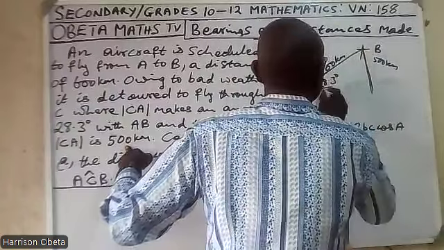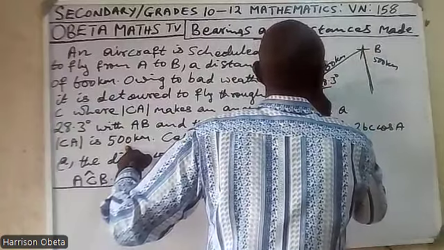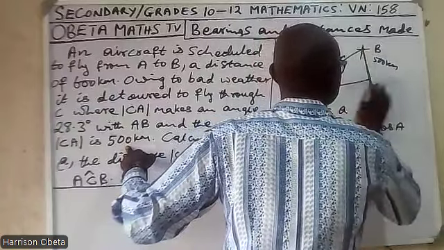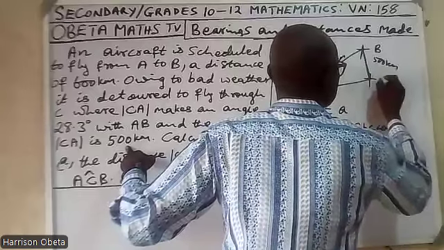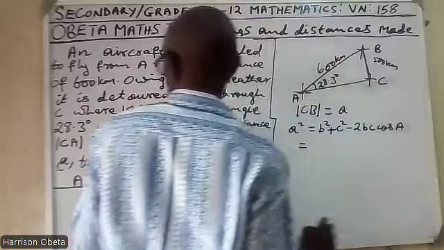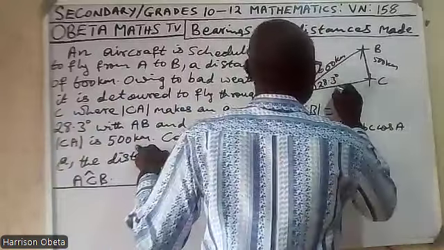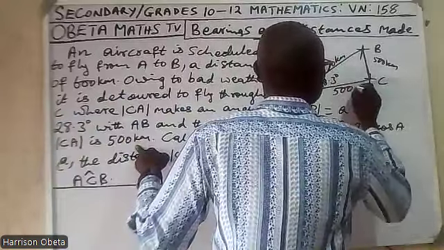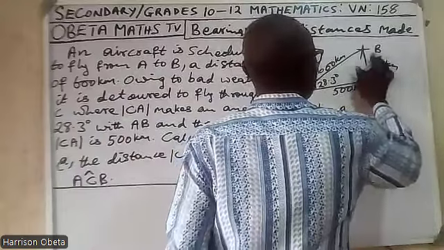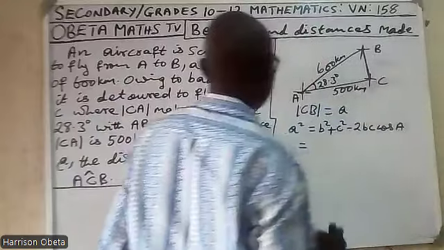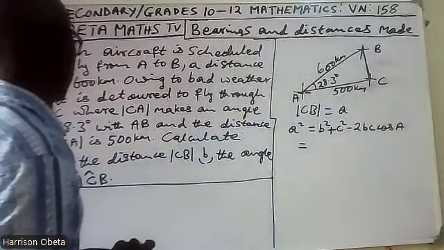Okay. And then we have this. So we now have this. This is our C. We are told that CA is 500 kilometers. Okay. We have to find CB.